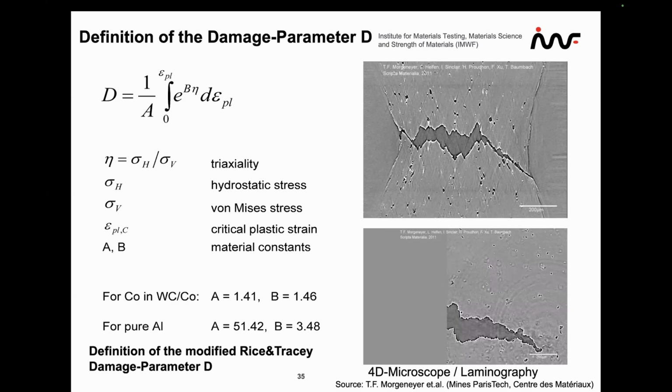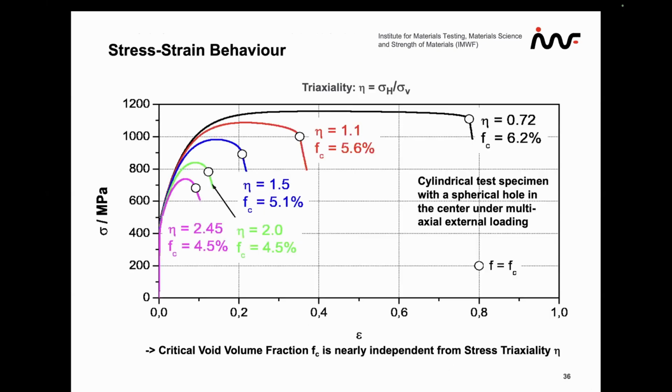And in order to describe this void formation in crack propagation, based on the modified damage parameter by Rice and Tracy, we have analyzed for different materials these parameters A and B, which are necessary to understand these materials.